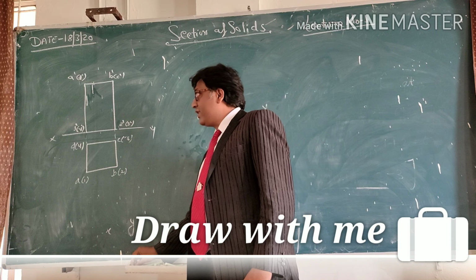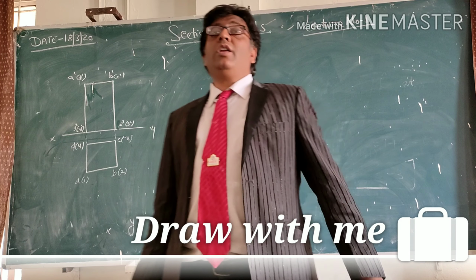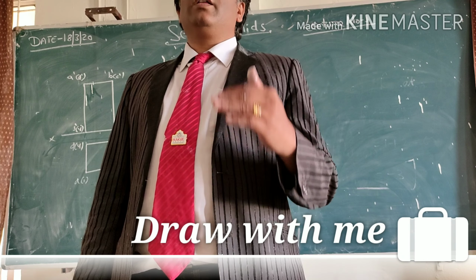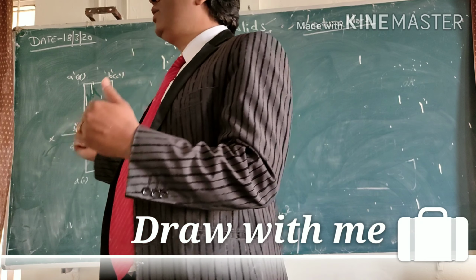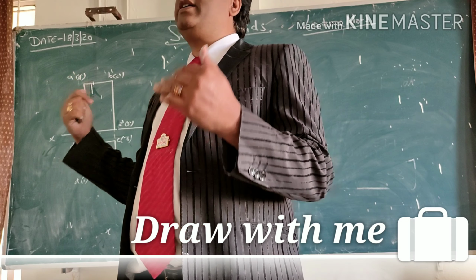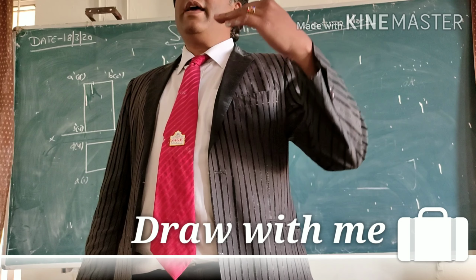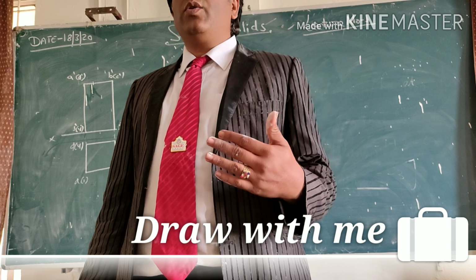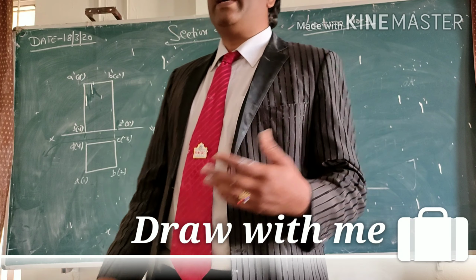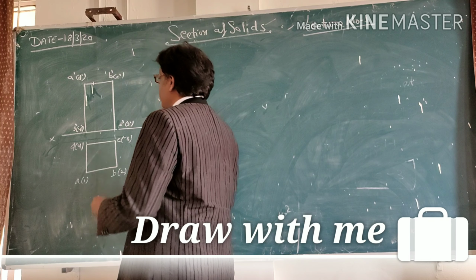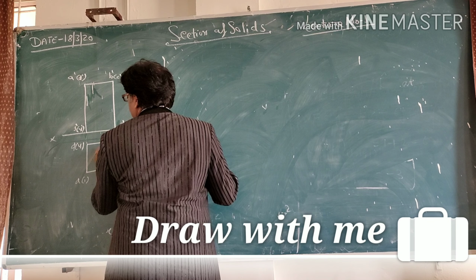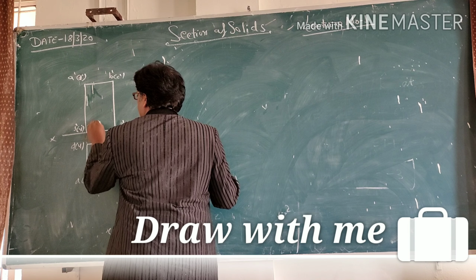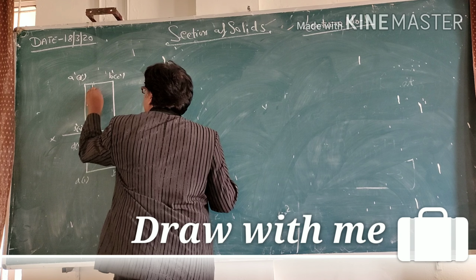Now we have to do our sections. Now the remaining question is, if we cut that square prism by a cutting plane which is parallel to HP and perpendicular to VP and bisects the axis. So this is the axis, this is the center, and this is the chain dotted axis.